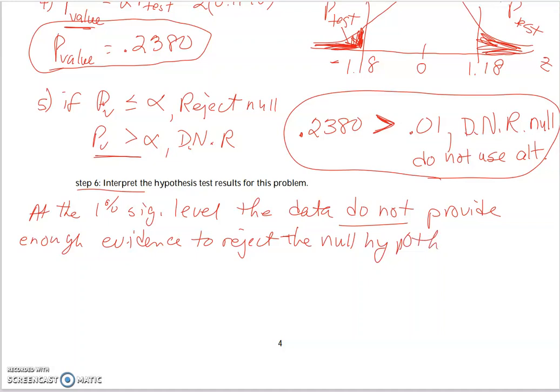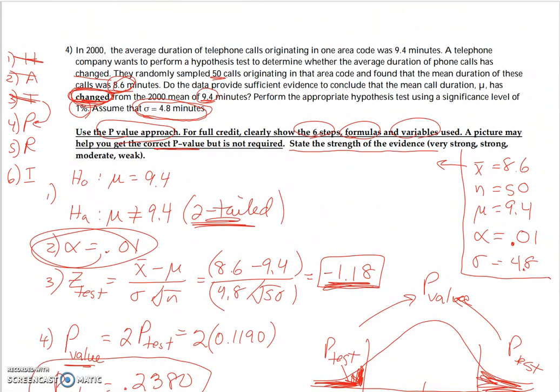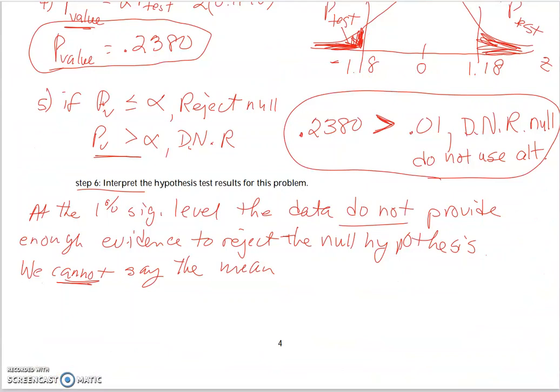So if we're not rejecting the null, that means we cannot say the alternative. So we cannot say the mean, and let's remember what were we testing here? I believe it was calling times, mean call duration.